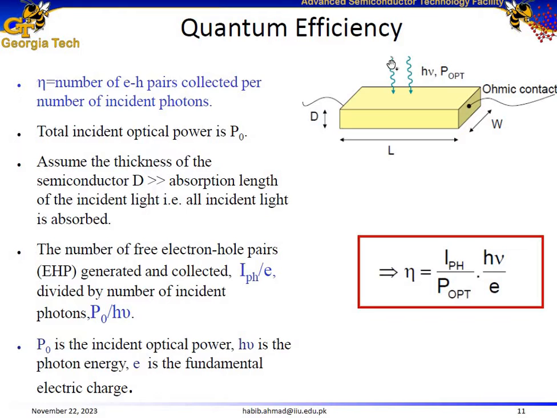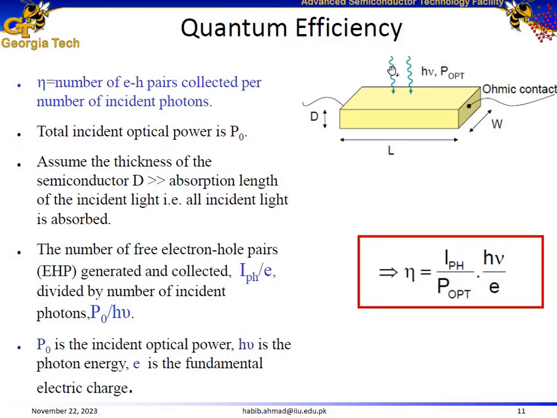So this light would be absorbed in a particular depth of this block, determined by the absorption coefficient. If the absorption coefficient is high, as we know it is at lower wavelengths, 200 to 400 nanometers, this light would be absorbed in a shallower depth of this block, or close to the surface of this photodetector.